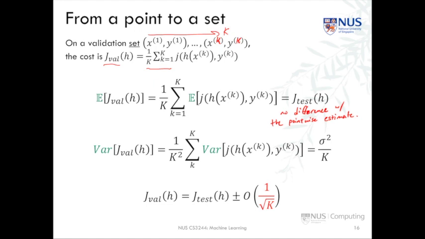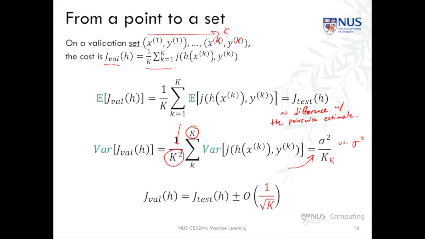But because the correlation matrix itself had K-squared entries, we get the extra bonus of being able to divide through by another factor of K. You can see the benefit that this has because we can compare it versus the pointwise estimate of just having sigma squared. We get to divide through by the number of validation points that are in our validation set. This is consistently the same reason why we would use a larger set to get a better estimate of a value.